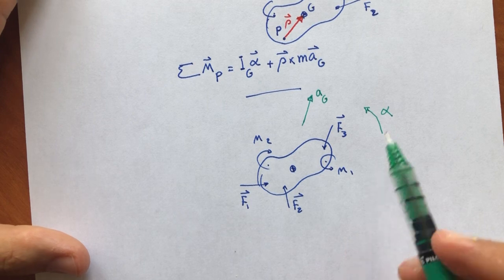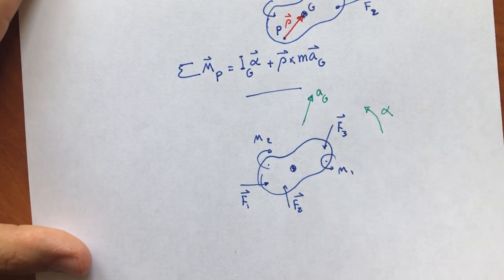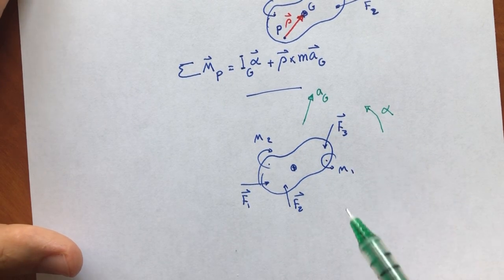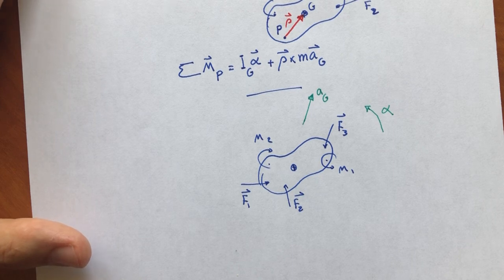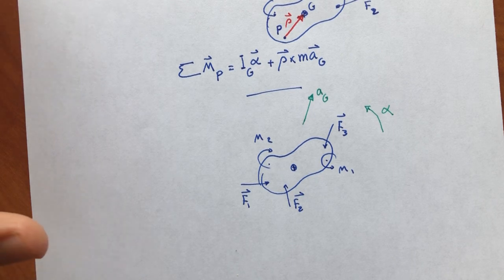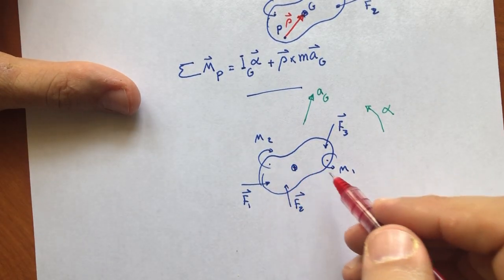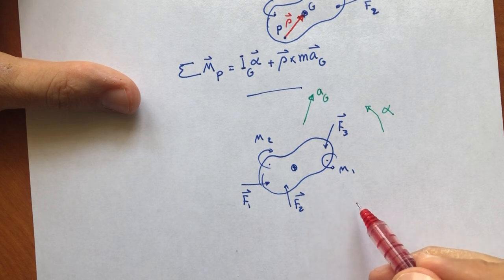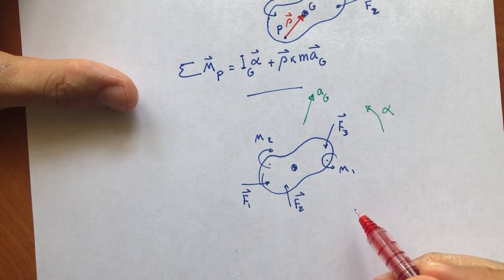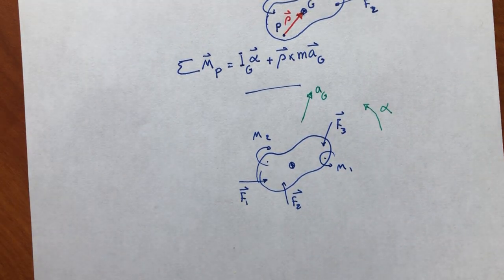So we have a rigid body, acceleration of the centroid of it is ag, and the rotational acceleration of it is alpha. Now, this is the trick. By this trick, you can turn this dynamic problem to a static problem and deal with it like any other static problem, in which you can say sum of the forces in any direction is equal to 0, sum of the moments at any point is equal to 0.